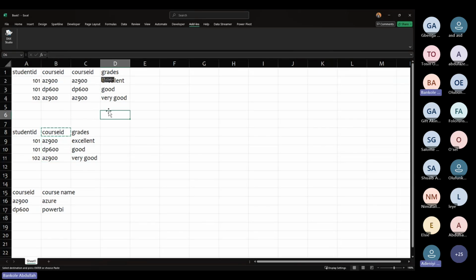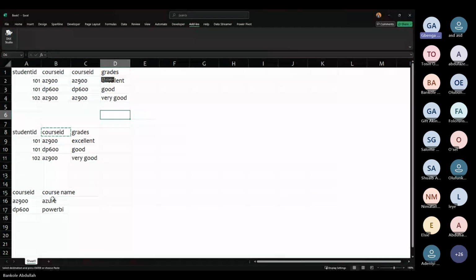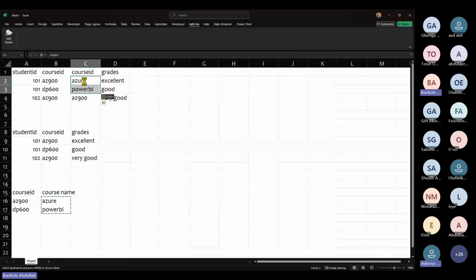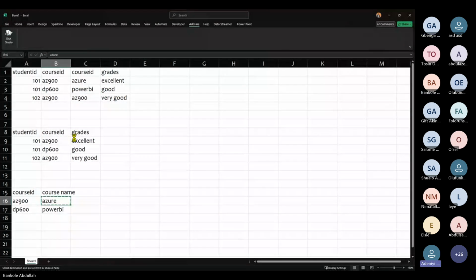Explain why you broke the table down like that. Okay, thank you very much, Mr. Benga.